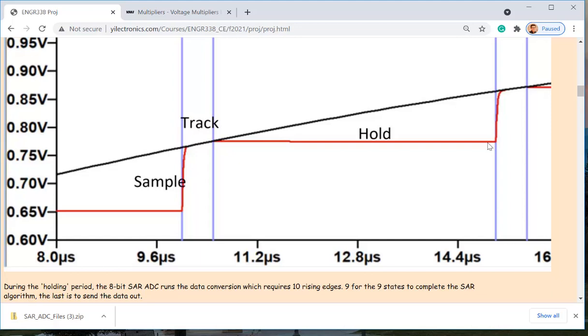For 8-bit, how many states do you need? 9. Okay, so you need 9 clock cycles to get it done, to have that data ready. And then you need the 10th cycle to send it out. It takes time, like boom, boom, boom, boom, right? So that's why you need the data to be held here, to make that happen.